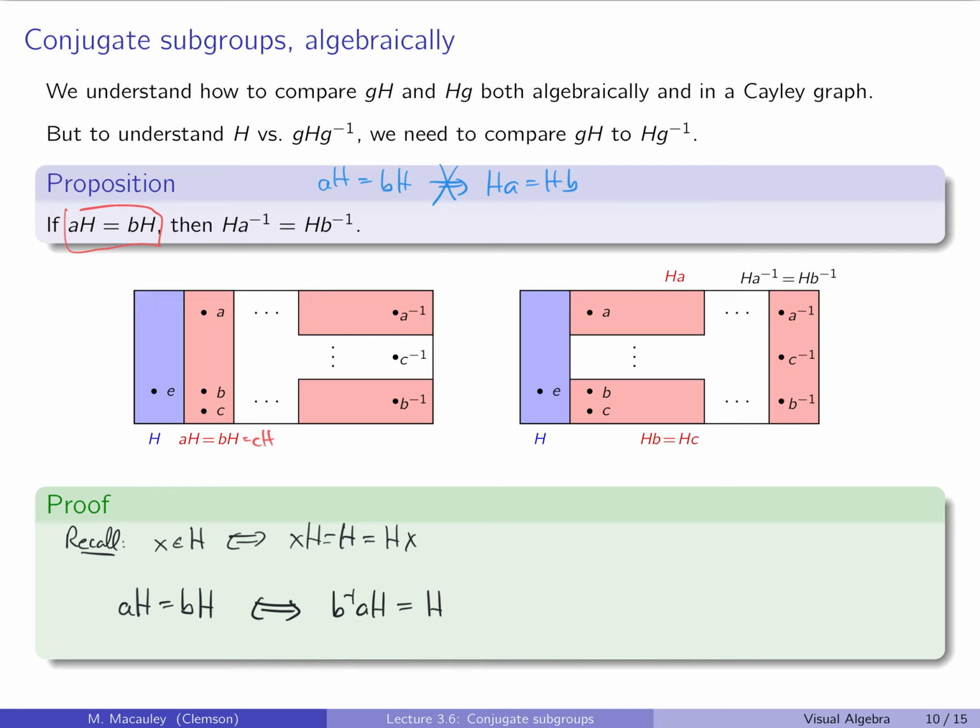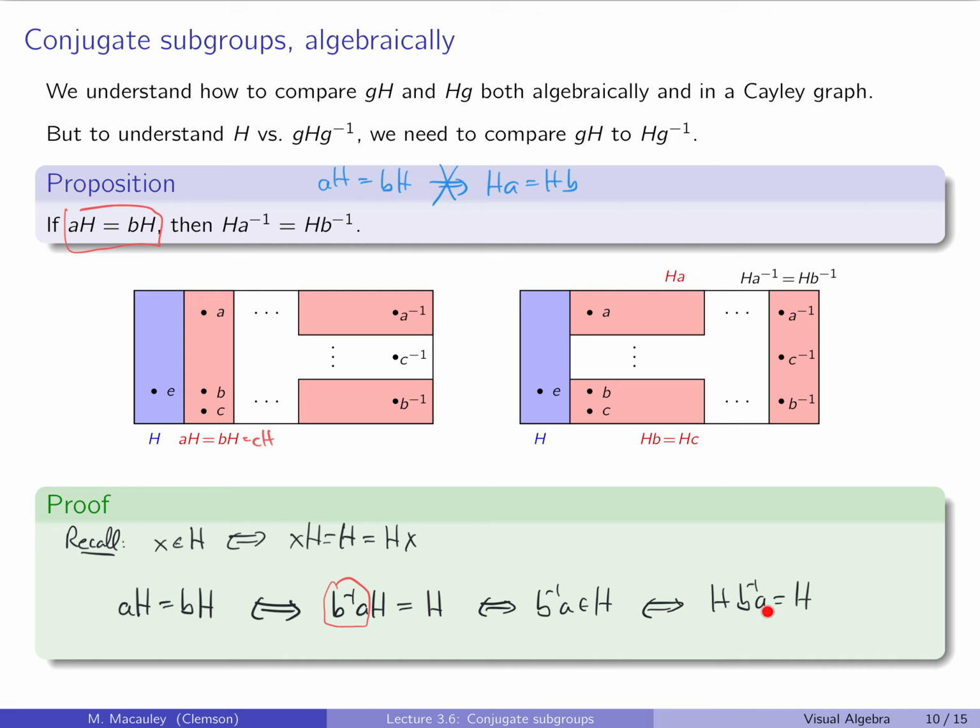And now we can use this boring but useful coset lemma applied to this particular element. That's the same thing as saying b inverse a is in H. And that's the same thing as saying H b inverse a equals H. Again, by that boring but useful coset lemma, this element is in H if and only if this right coset is equal to H.